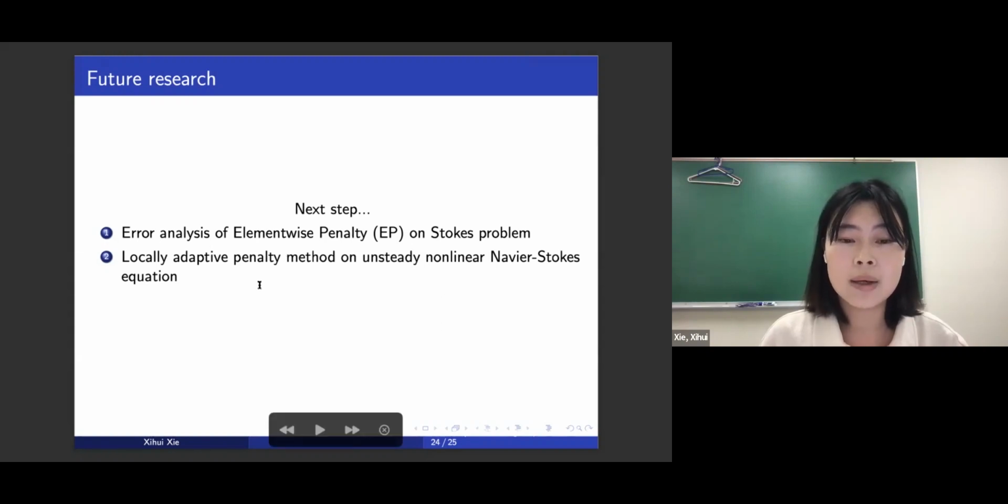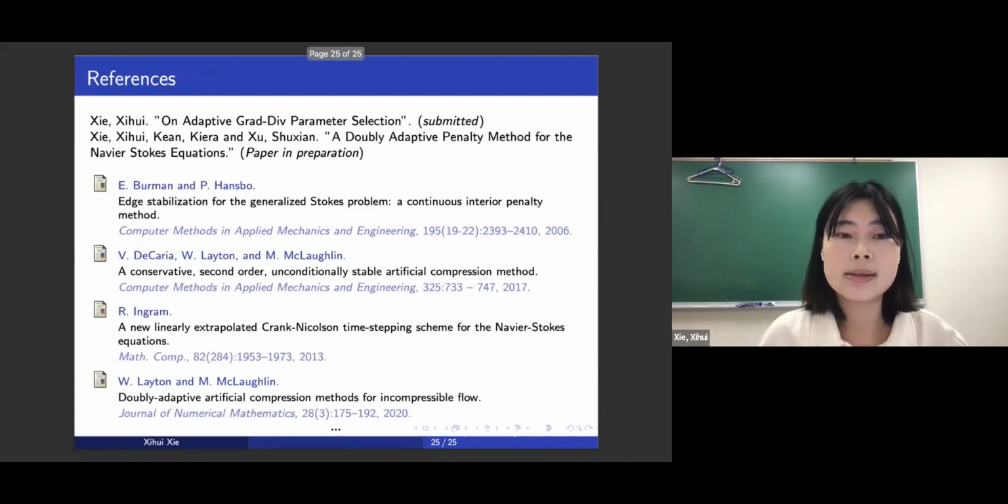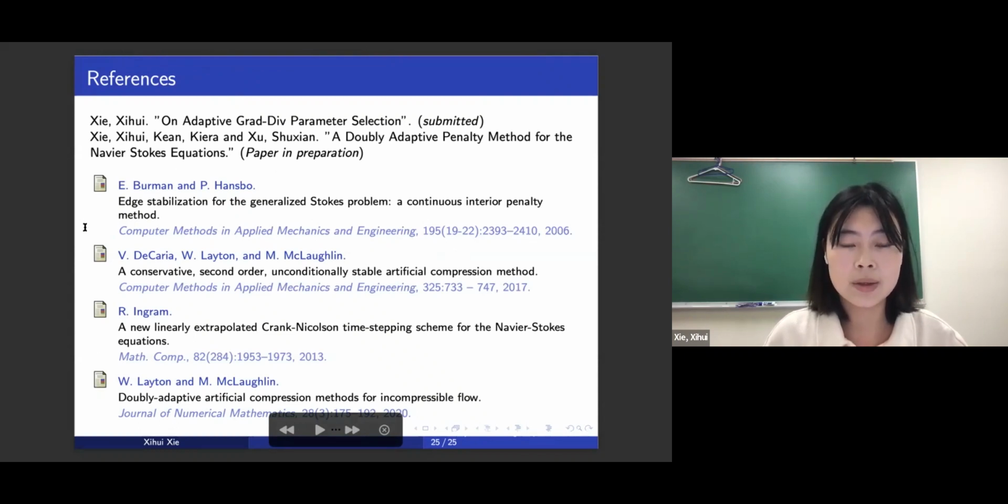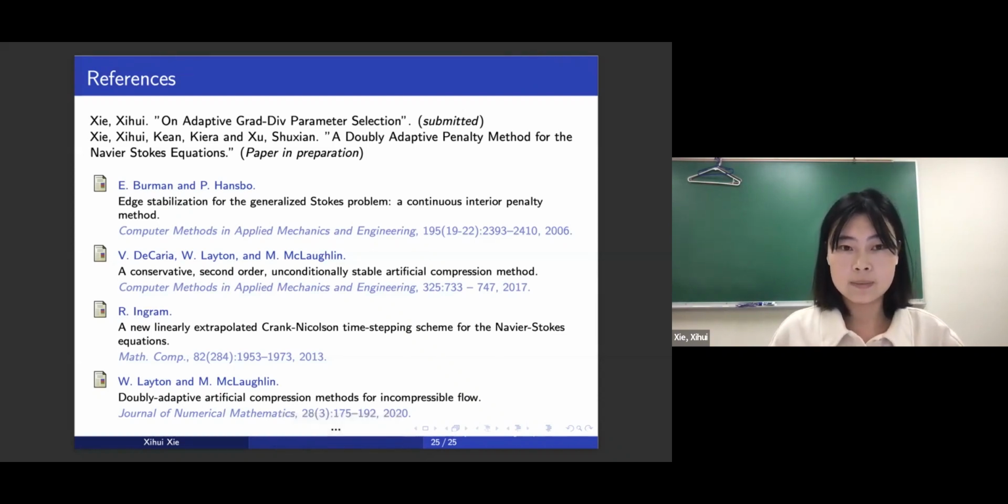Our final goal is to combine the results from project 1 and project 2 so that we can do the adaptive penalty method for the Navier-Stokes equation and make the penalty parameter adapt both in time and in space. Here are some references for the time filter used and the experiments I used.